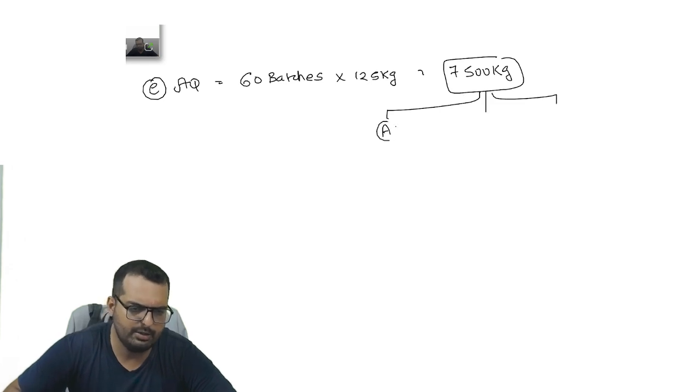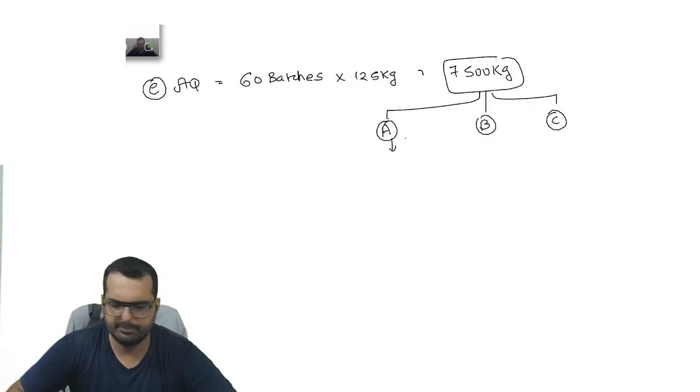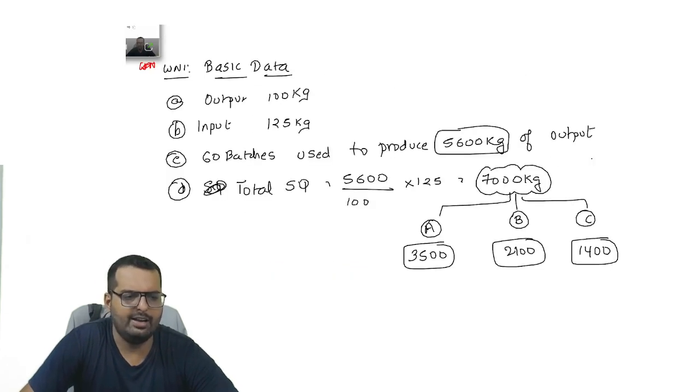Now this has to be split between A, B and C and the mix is 60, 20, 20. You get 4500. 20 would be 1500, 1500. Friends, once you get SQ and once you get AQ, rest you can do it on your own. Am I right? Can you write down this in your books now?